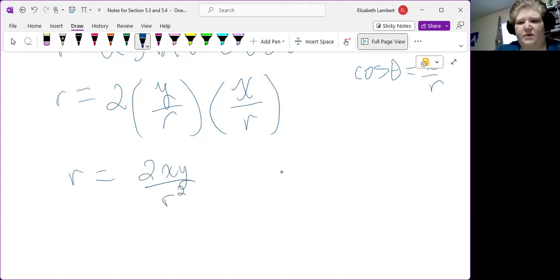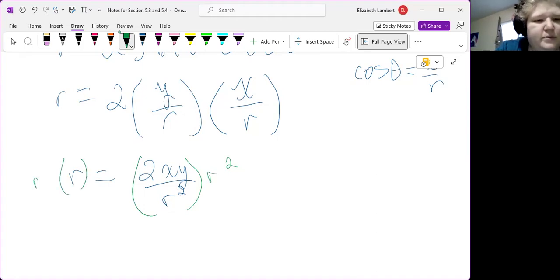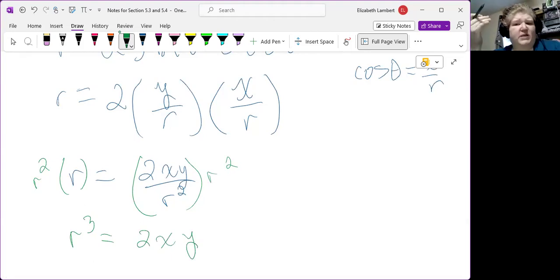I'm going to go ahead and multiply by the r squared, so all of my r's are in one place. So now we have r cubed equals 2xy. Not much we can do with this.